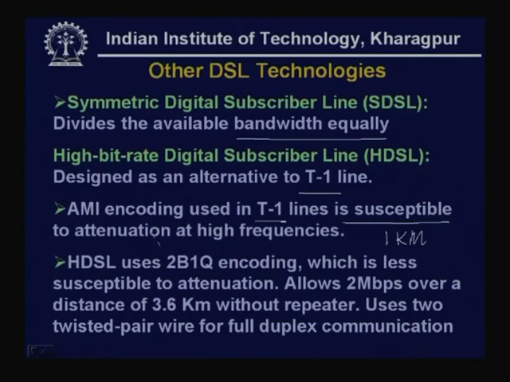On the other hand, HDSL uses 2B1Q encoding, which is less susceptible to attenuation. It allows you 2 megabits per second over a distance of 3.6 kilometers compared to 1 kilometer without any repeater, and it uses 2 twisted pair wires for full duplex communication.